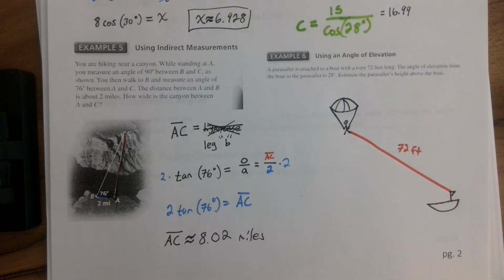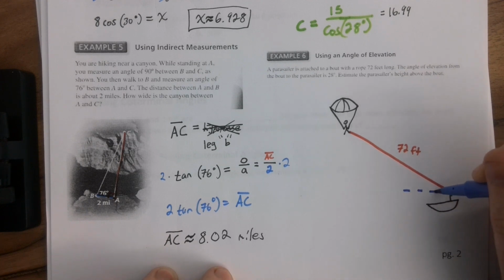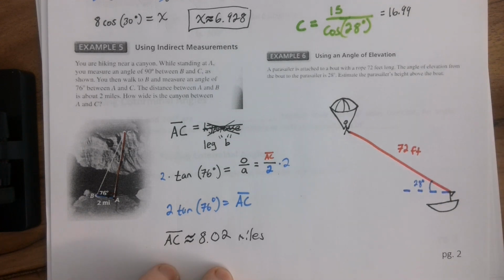It then says the angle of elevation from the boat to the parasailer is 28 degrees. The angle of elevation, or the angle of incline, is the angle from the flat ground to whatever line was created. In this case, we would say that this is the angle of elevation.